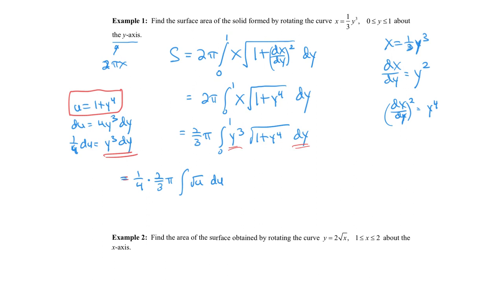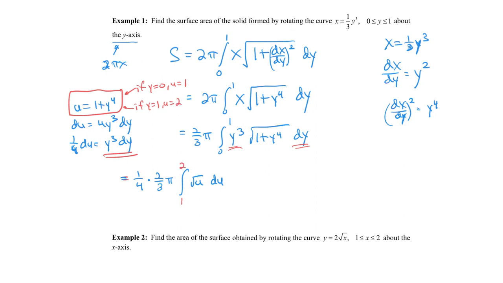We're just going to basically say, okay, if y is 0, let's see what u is. So if y equals 0, u would equal 1 plus 0, so that would be a 1. And then what about if y is 1? If y equals 1, u would be 1 plus 1 to the 4th, which is 2.